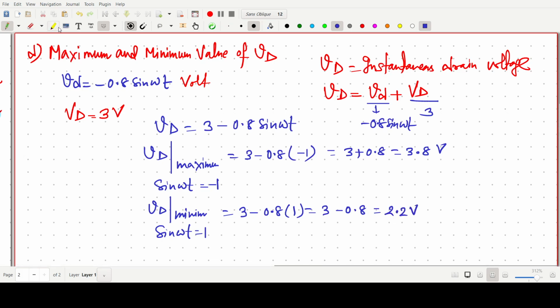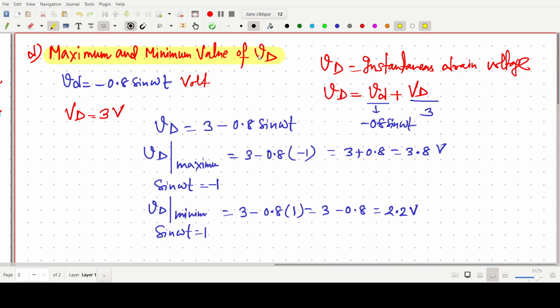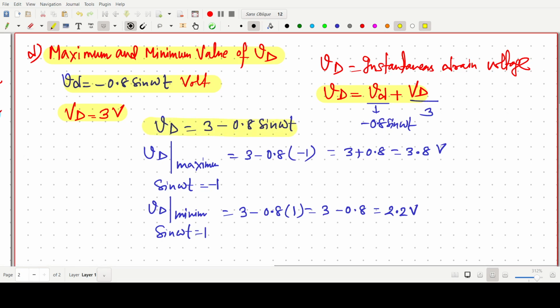Okay, so it is very simple. In the question they are asking about vD, the instantaneous voltage, maximum voltage and minimum voltage, which is a combination of AC plus DC. DC we have already calculated as 3 volt and AC also we have calculated, so the overall will be 3 minus 0.8 sine omega t.